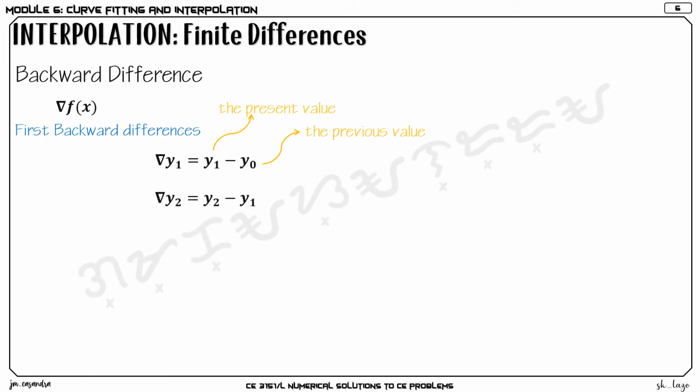And then nabla y sub 2 is equal to y sub 2 minus y1. And we have nabla y3 is equal to y3 minus y2.